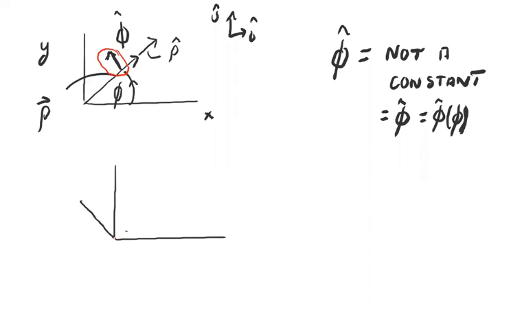So it looked exactly like that. Here's the y-axis, here's the x-axis. This angle is theta, exactly the same as that. Think about that. If up here you let theta go to 0, then phi hat will be pointing straight upward. And that's exactly what will happen here in this case.